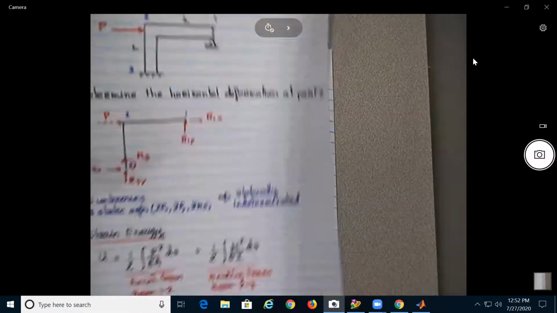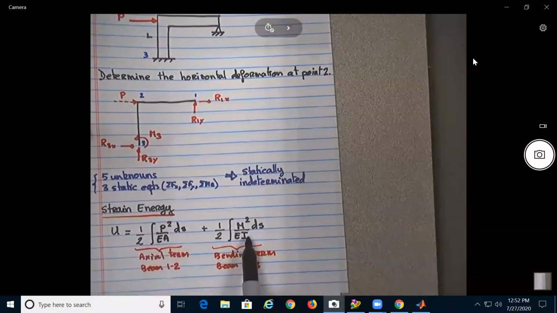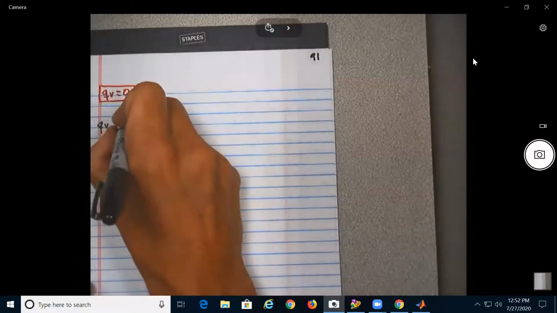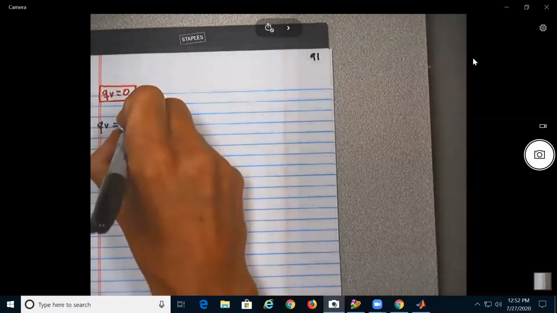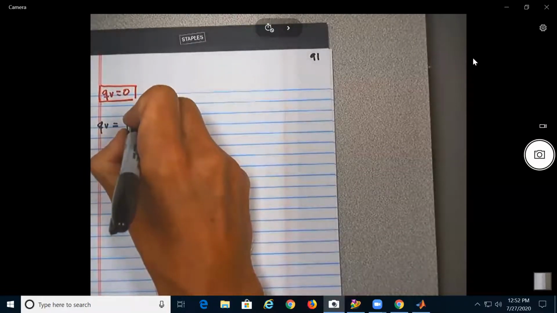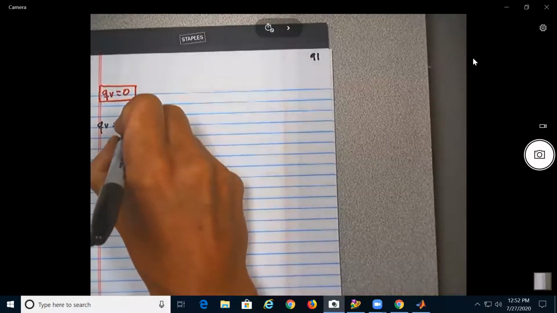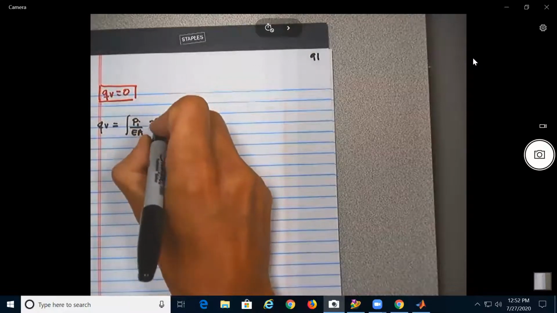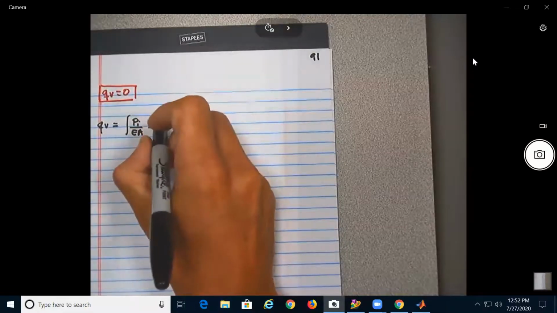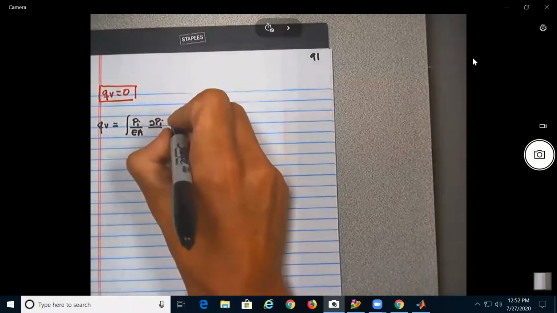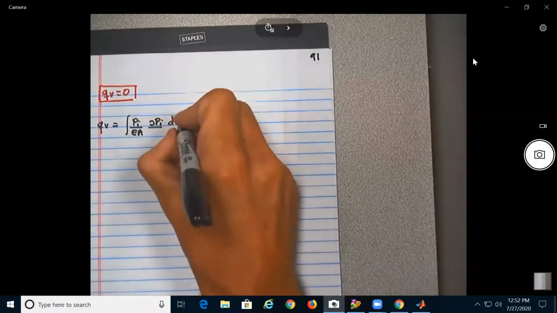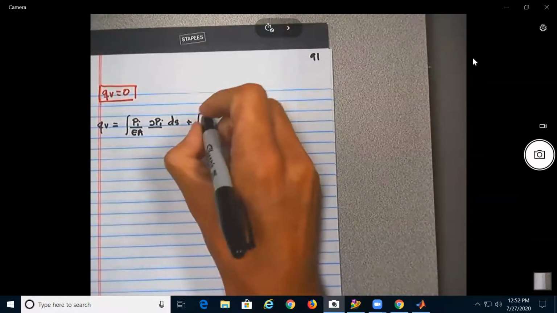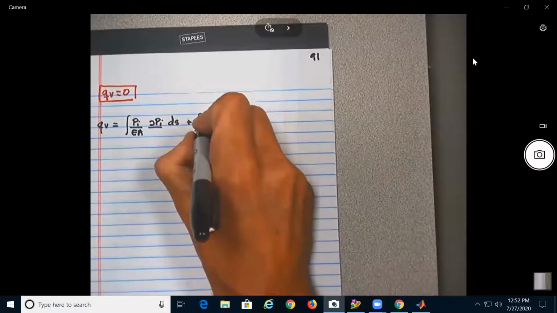There should be some terms due to axial, some terms due to bending, okay? The general form will be P sub I, to know which member, over EA, partial P sub I, ds. Let's leave this blank because I'm going to ask you what we need to put there. Plus partial of M sub I over EI.